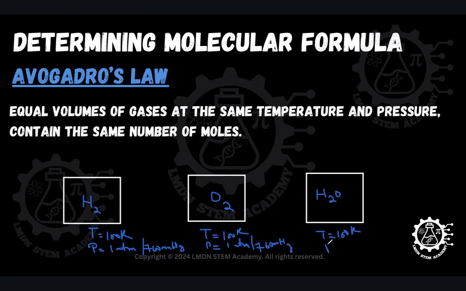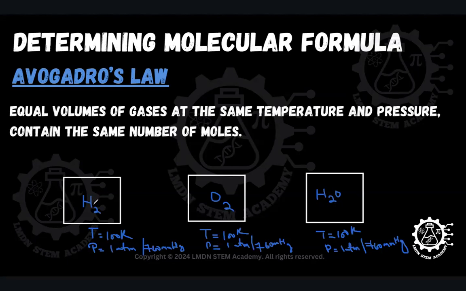I'm just writing that out so we can see that they all have the same temperature and pressure. What Avogadro's law is saying is that if you have gases, they can be different gases or the same gases.